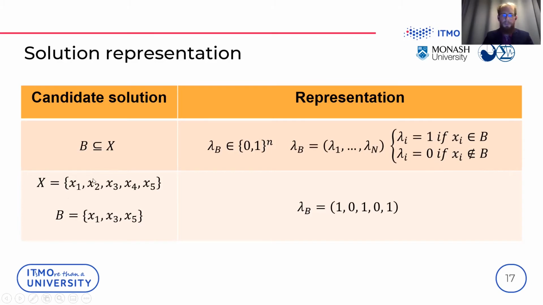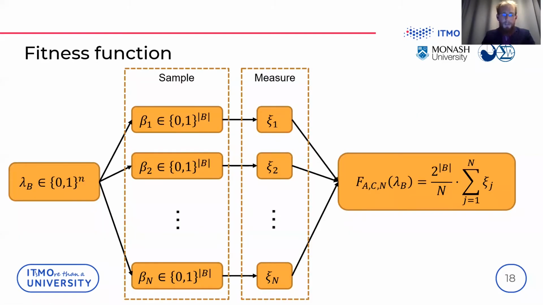So for example, if we have 5 variables and the set B contains 3 variables, this would be the representation. Our fitness function accepts as input the representation of some set B and tries to measure the hardness of the considered formula C with respect to the set B and the SAT solver A. And for that, it uses the Monte Carlo method.